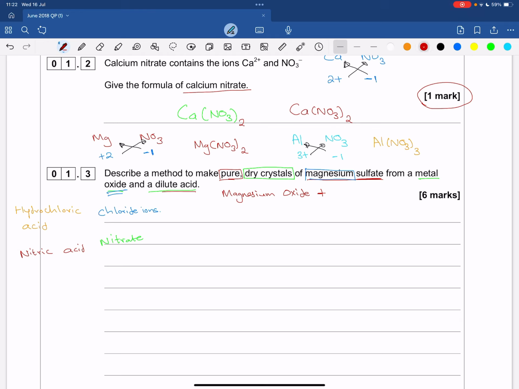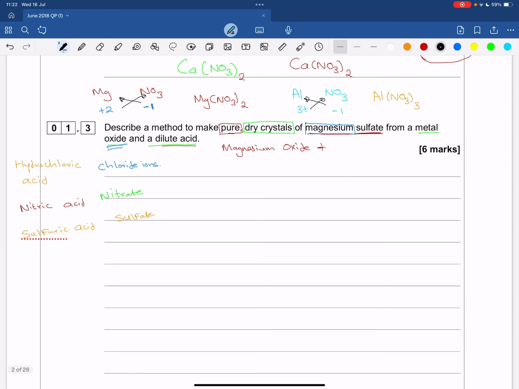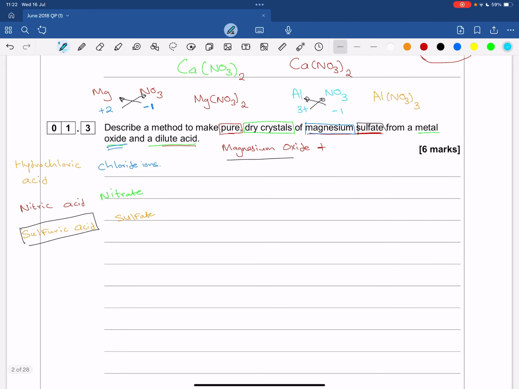And the final one that you need to know is sulfuric acid. Sulfuric acid forms sulfate ion. In this case, they are asking you to make magnesium sulfate. So magnesium oxide must be reacted with sulfuric acid in order to make sulfate. So therefore you are using sulfuric acid.